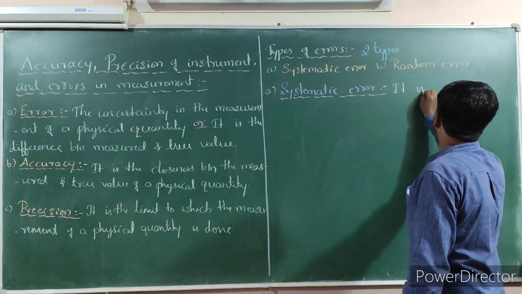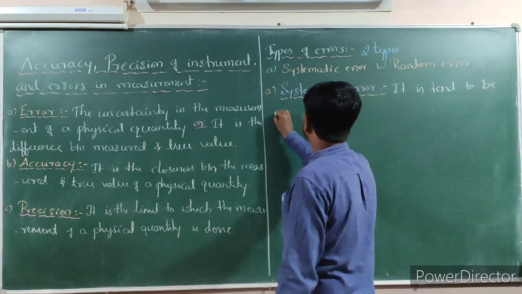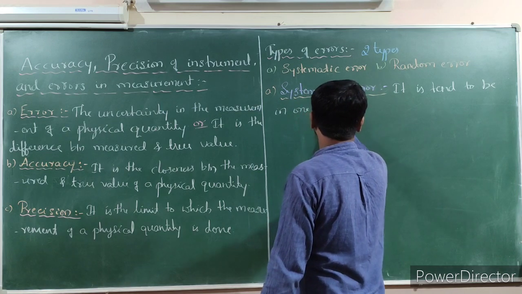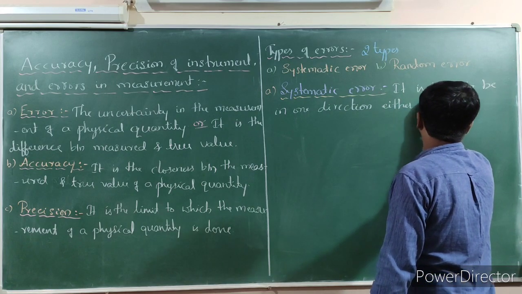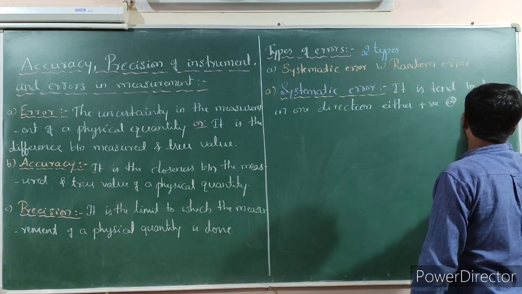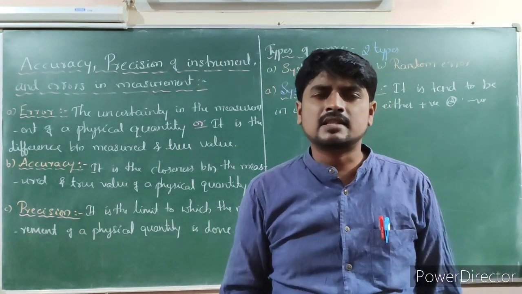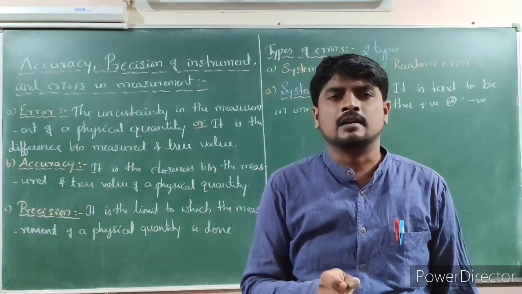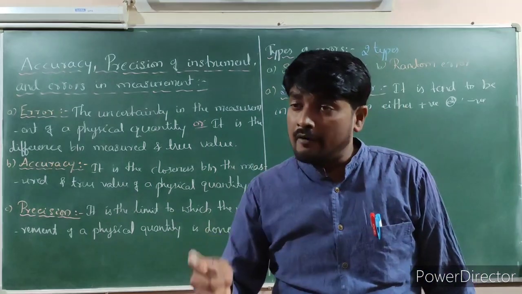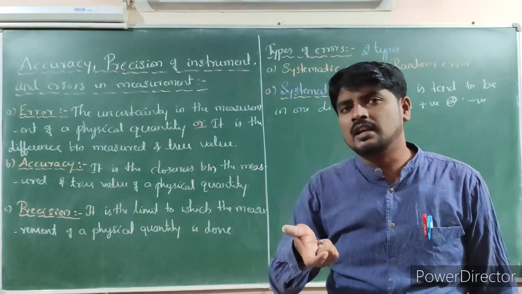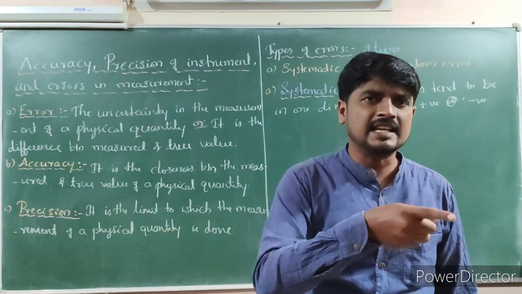It tends to be in one direction, either positive or negative. What is the meaning of this? In a systematic error, once you make an error while measuring any value or with any instrument, every value, if it is changing positively, will throughout the experiment go in only one direction, increasing, or else decreasing.